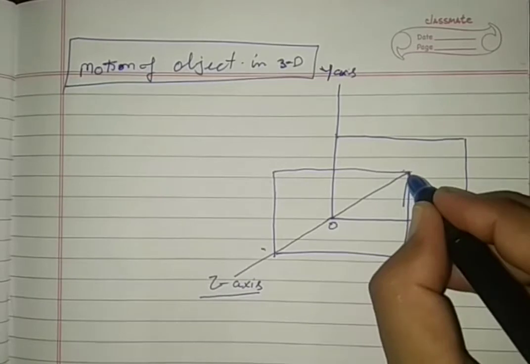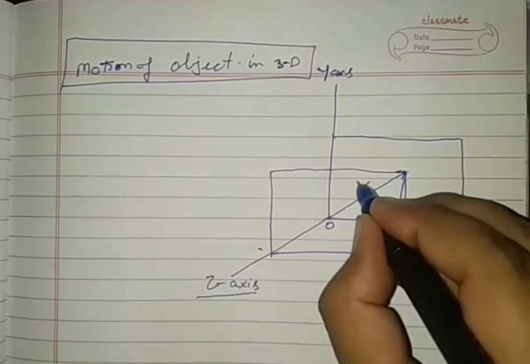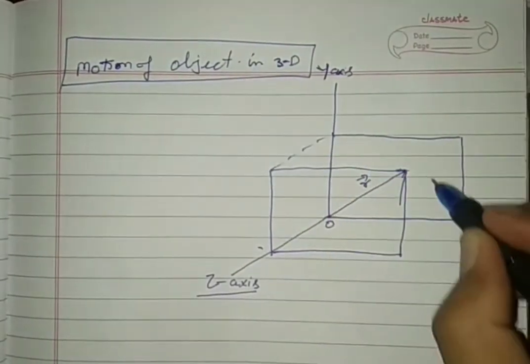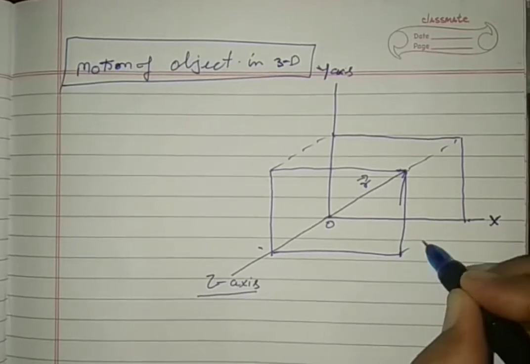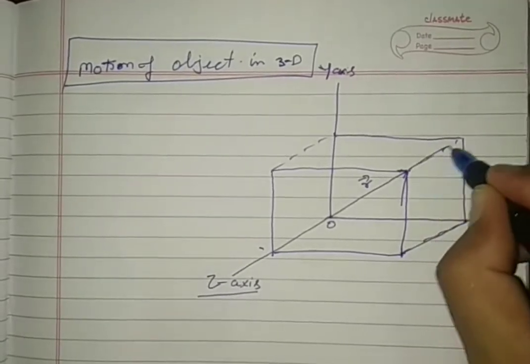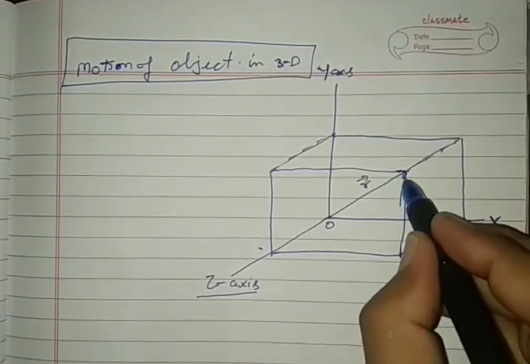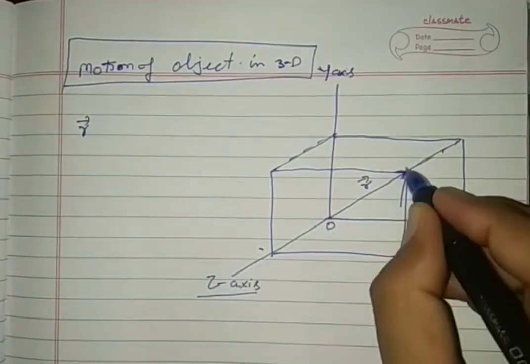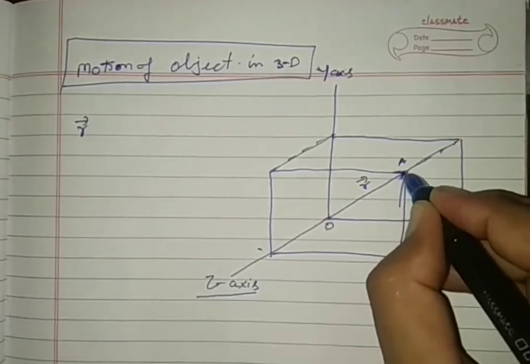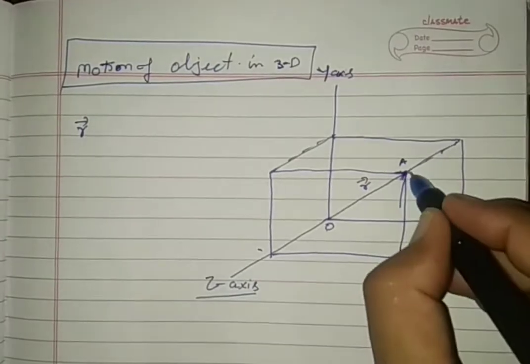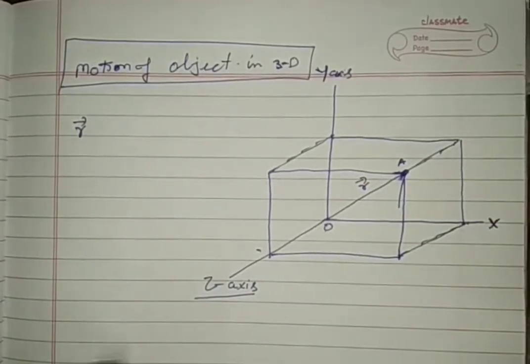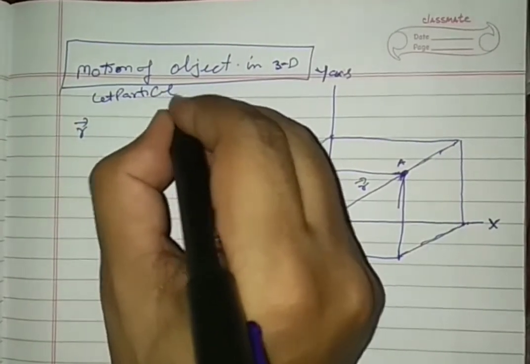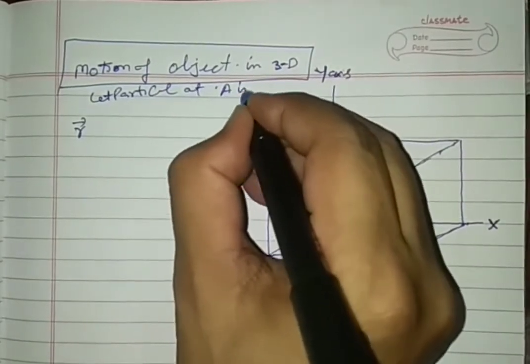Let a position vector R be here. This position vector R from O to, suppose this is point A, the particle is at point A and it is in motion.